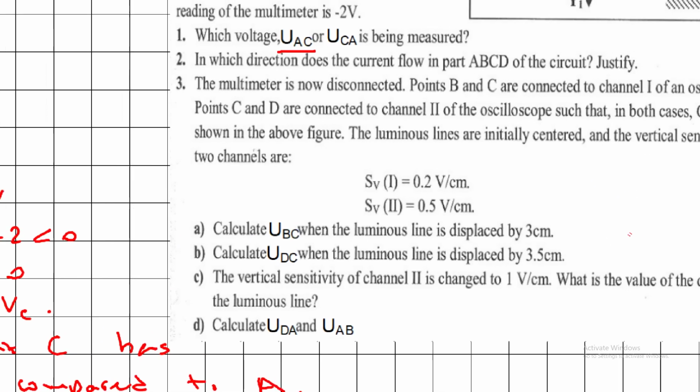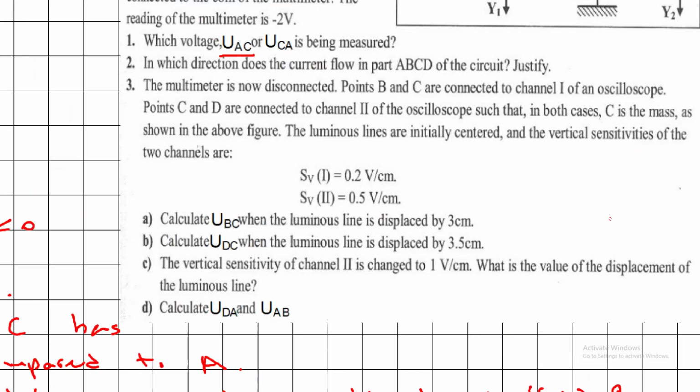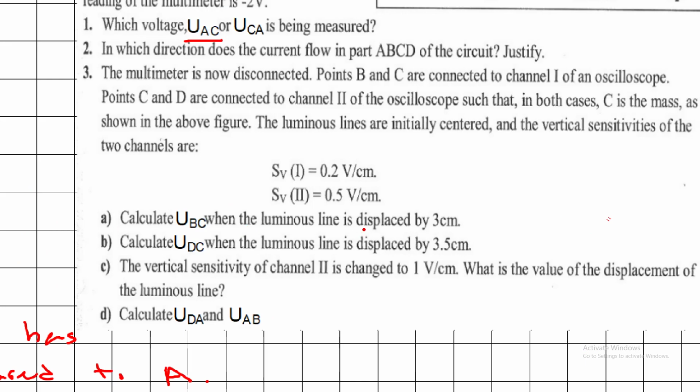So we know the value of SV1. It's left to know the value of Y1. They are telling me when the luminous line is displaced by 3 centimeters, but they didn't tell me whether Y1 is positive or negative. So here we have that Y1 may be plus 3 centimeters or Y1 is equal to minus 3 centimeters, and this can be determined by referring to the sign of UBC.